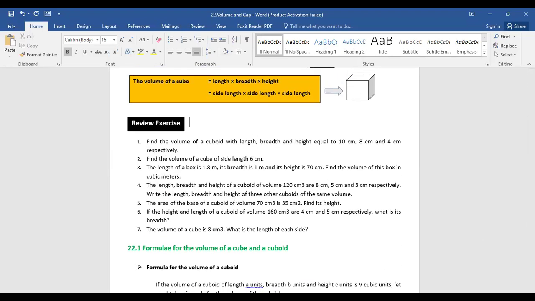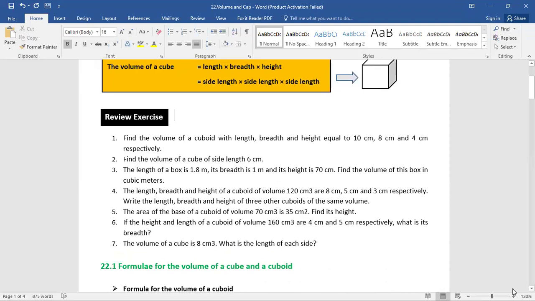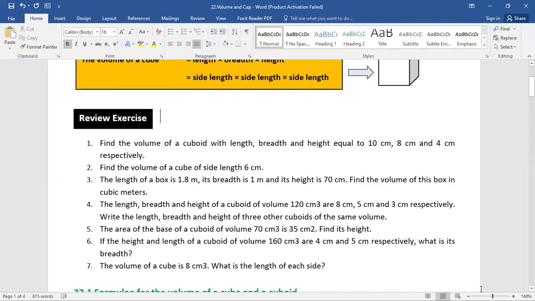So I am going to give you some questions. This is a review exercise, using the knowledge of grade 7.